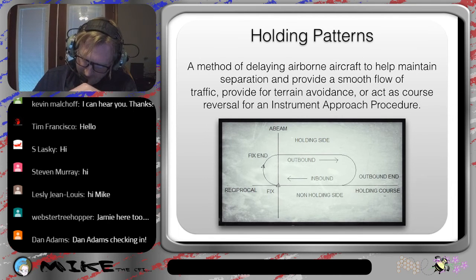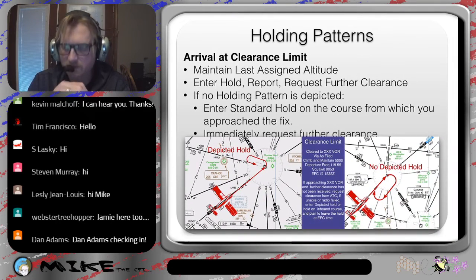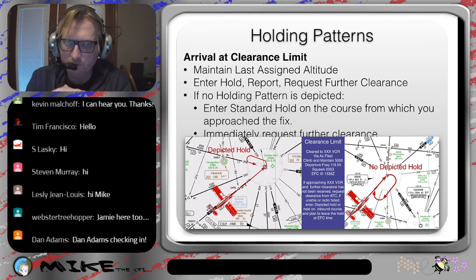It could also be used as what we call an arrival at a clearance limit. So on occasion, typically when we're given our IFR clearance, we are cleared all the way to our destination airport. But if traffic doesn't allow or some other restriction exists, you may get cleared to a fix or a point shy of getting to your airport, a VOR intersection, a GPS intersection.